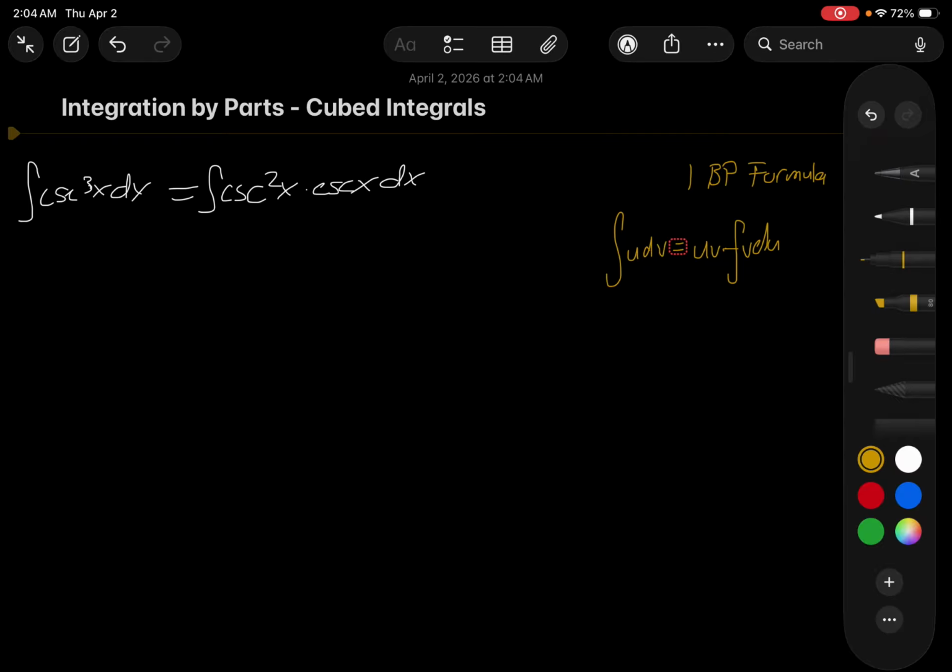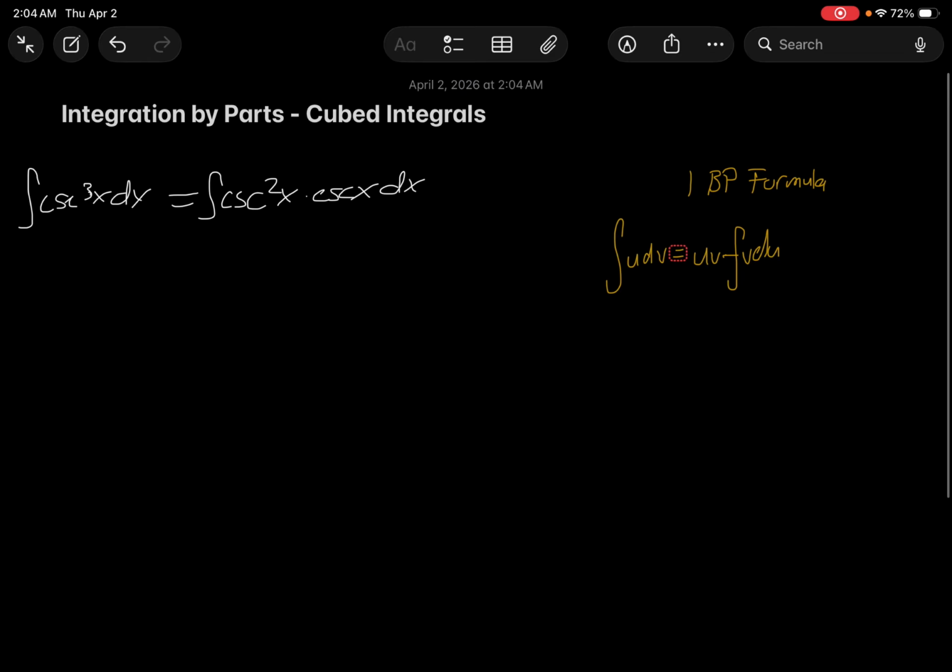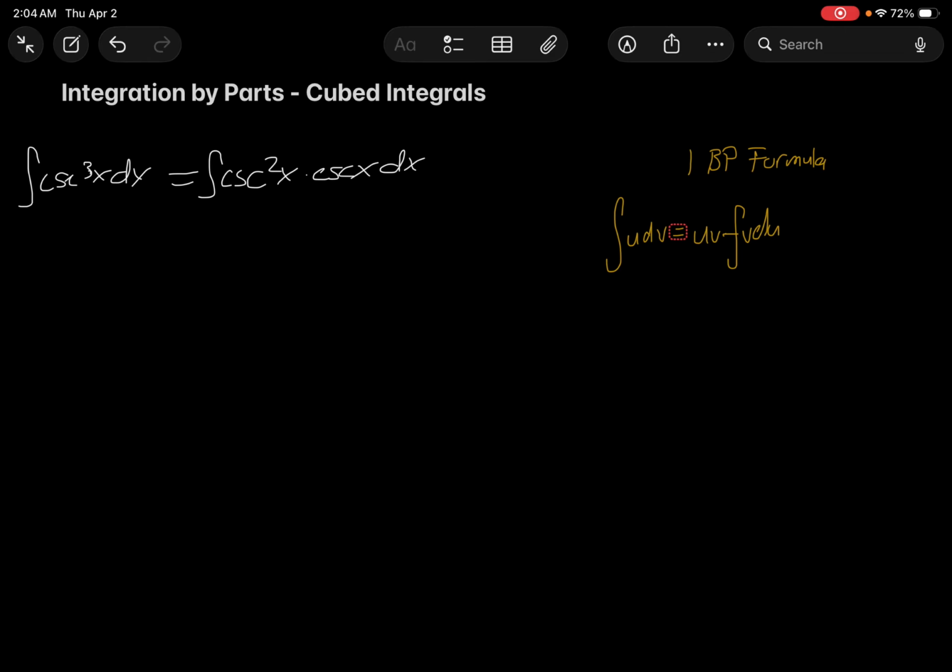integral of v du. Okay, so we need to identify our u and dv first. u is something that is going to be derivable.